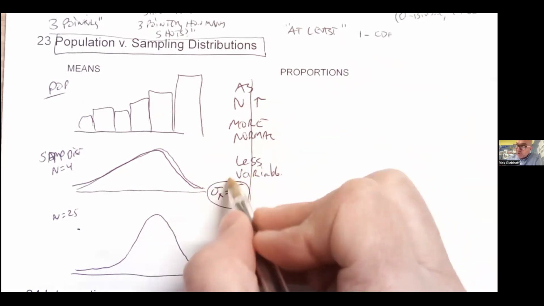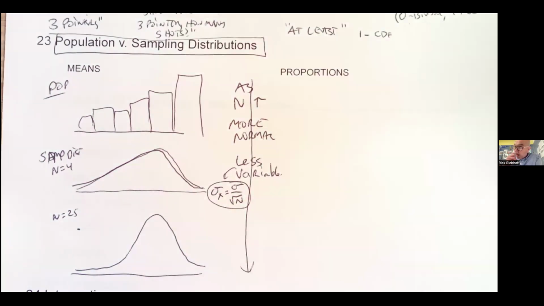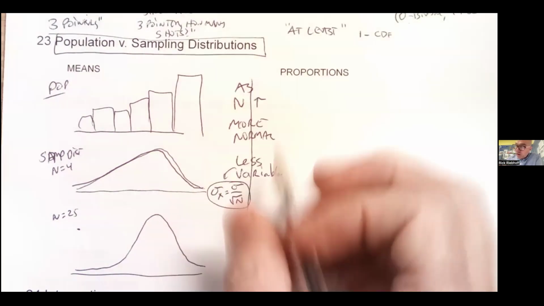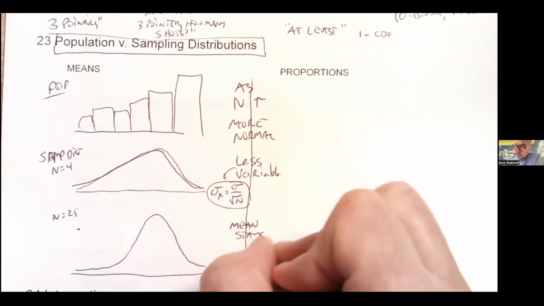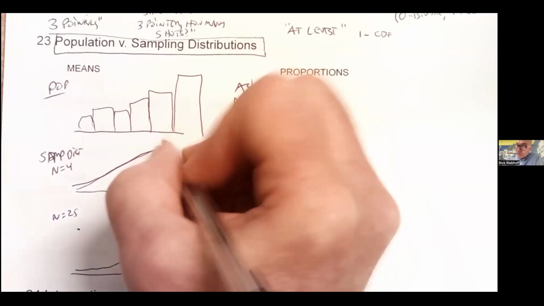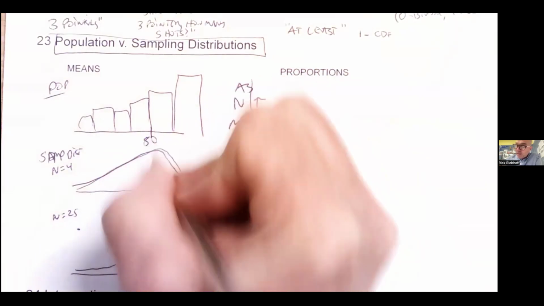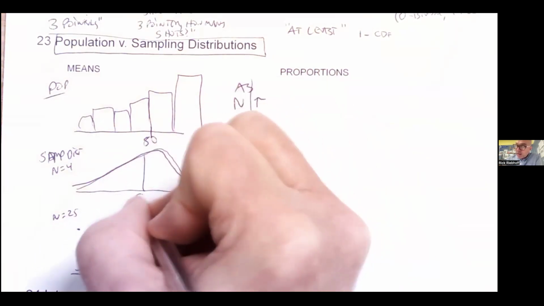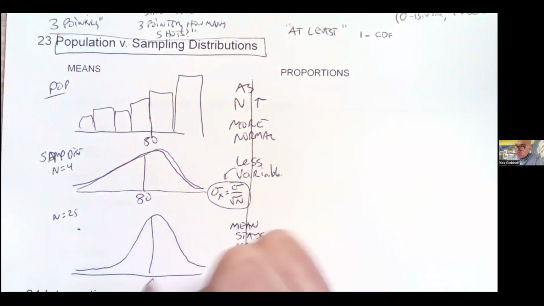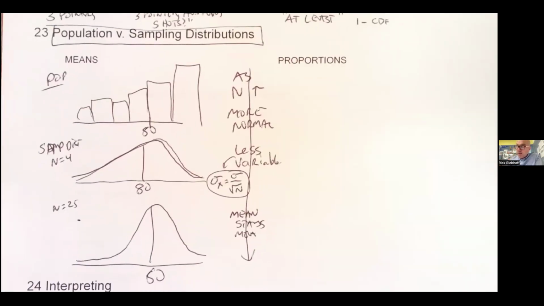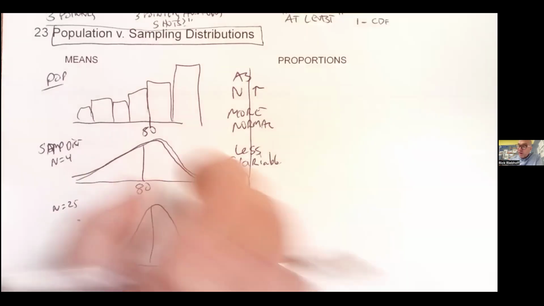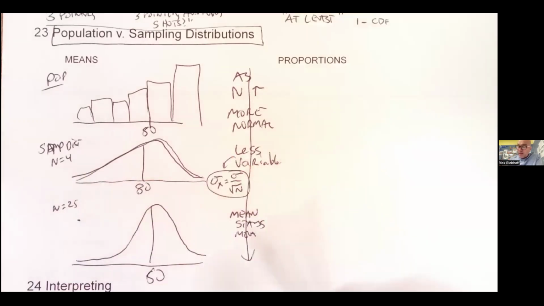So that's less variability for means. And the mean stays the mean. So if the mean score was 80 here, the mean score is 80 here, the mean score is 80 here. It stays the same for all of them. But you can see we're getting less variable and more normal as the sample size increases.